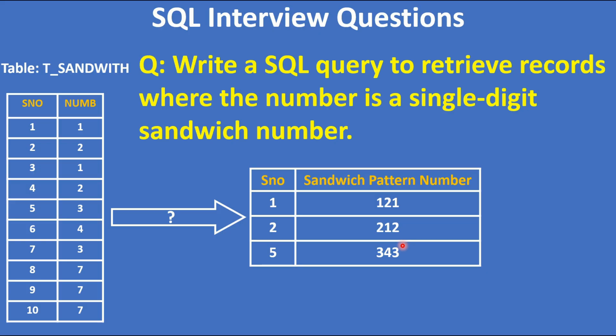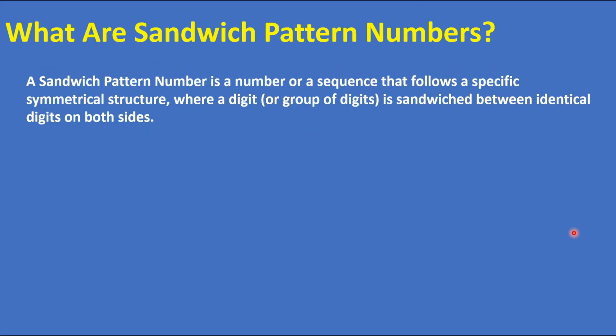So first of all, what are sandwich pattern numbers? A sandwich pattern number is a number or a sequence that follows a specific symmetrical structure, where a digit or group of digits is sandwiched between identical digits on both sides.